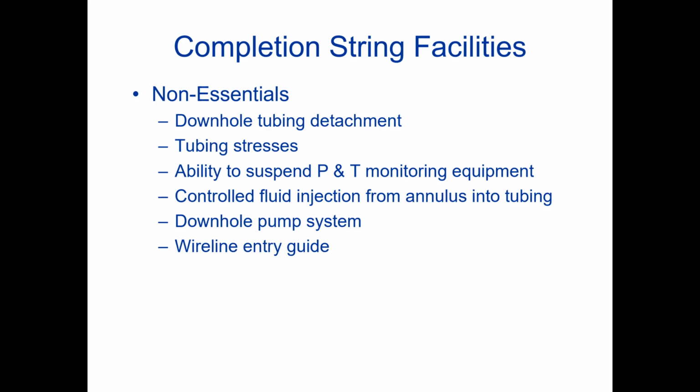The other one is tubing stresses, because when we are producing hot fluid from the bottom of the well, it comes to the tubing. So the length of the tubing will increase.